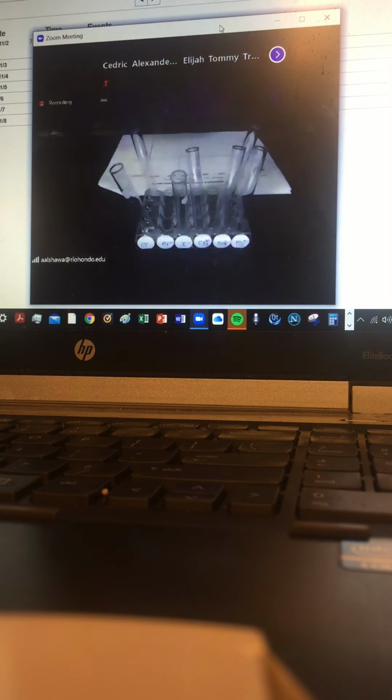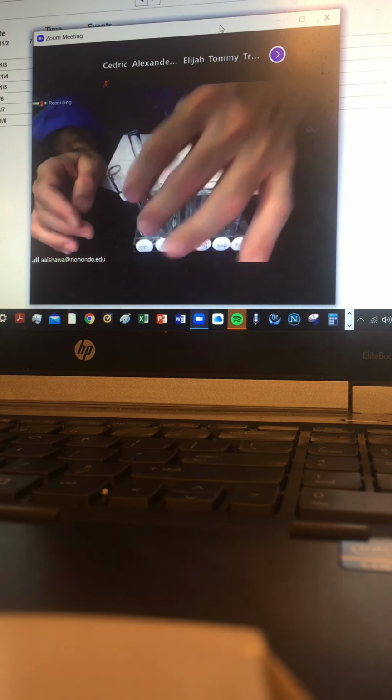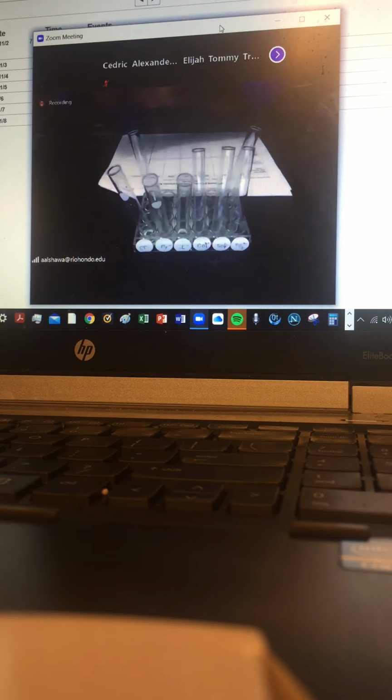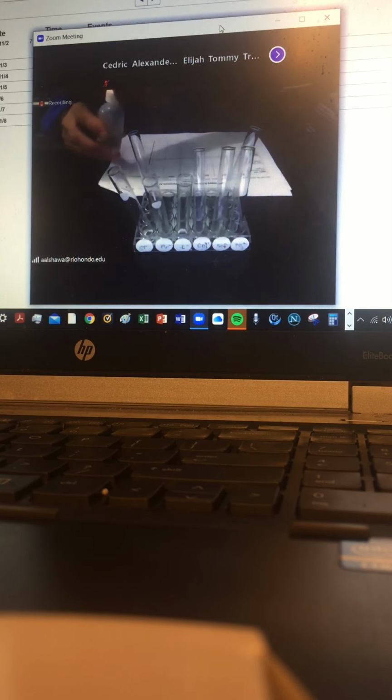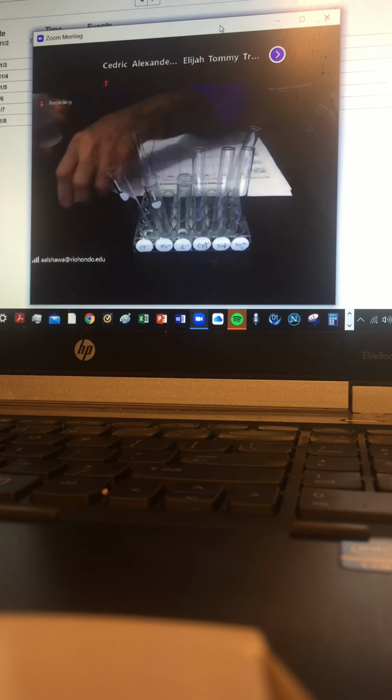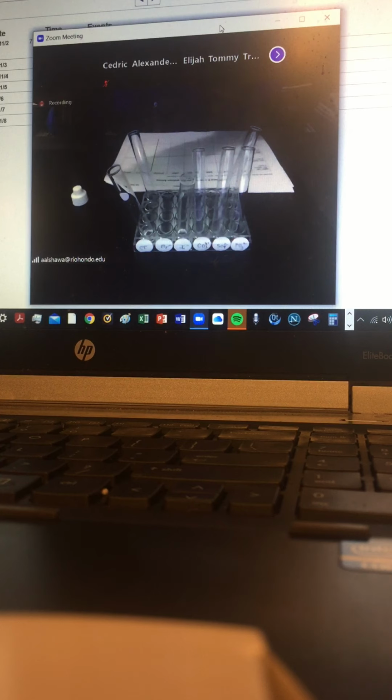So that was sodium iodide, I'm sorry. So that was sodium iodide. And I want to add sodium bromide to that one. Sodium bromide right there. So this is sodium bromide. I don't have a dropper, so let me just add 2 drops. Okay, hardly a milliliter.